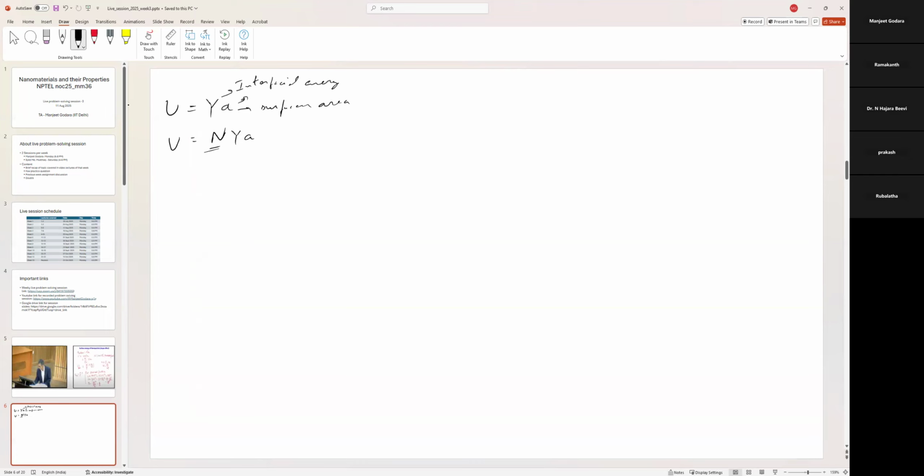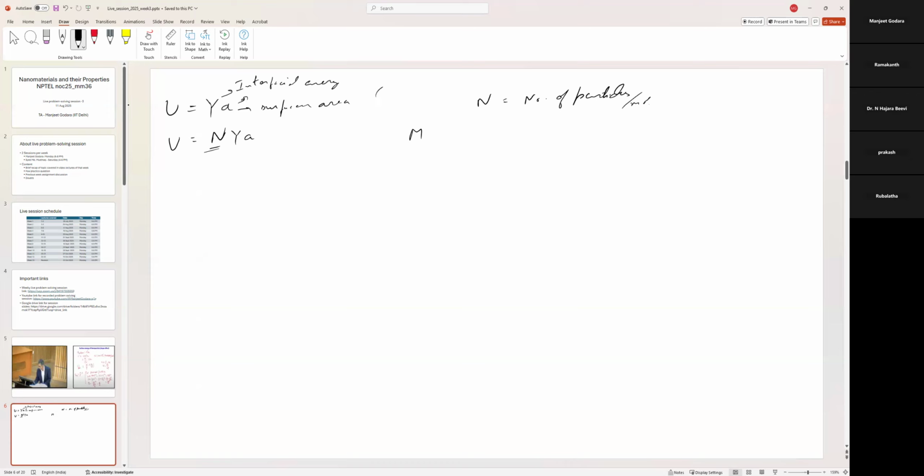You can write that number n as the number of particles of your material, and this n you can write using the mass.